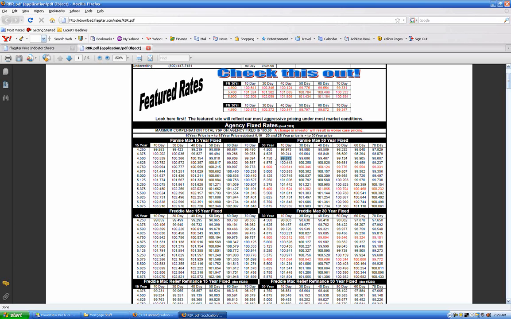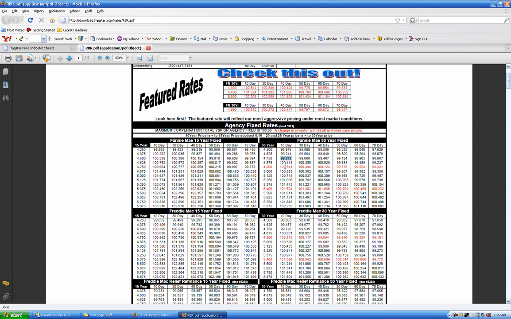So there are two notations. One notation is you see the pricing in 100, a little less than 100, and a little more than 100. That notation pretty much means if it's less than 100, then the loan costs some money. There's a cost to it.